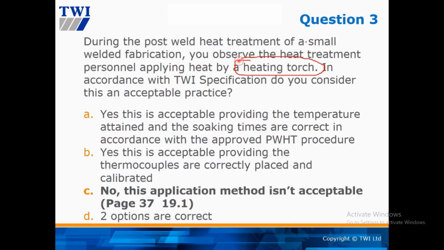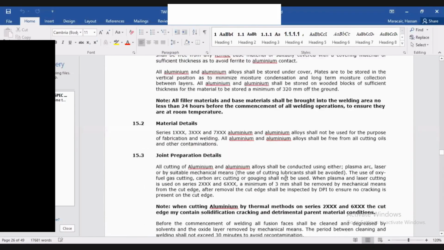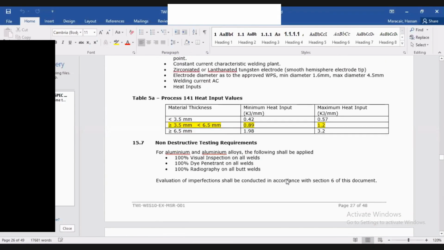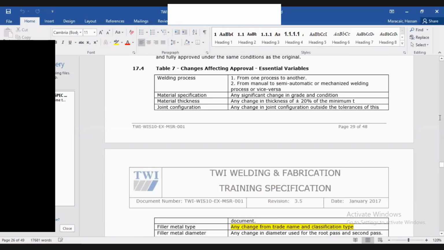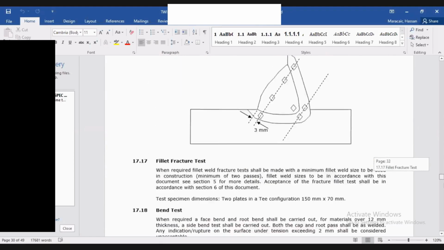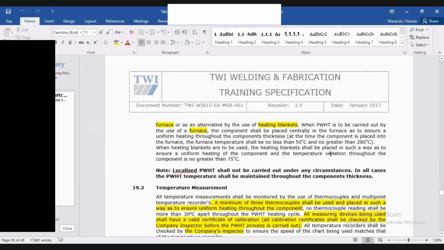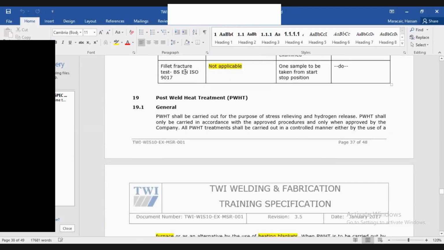Now look at your spec, section 19.1, the post-weld heat treatment here.